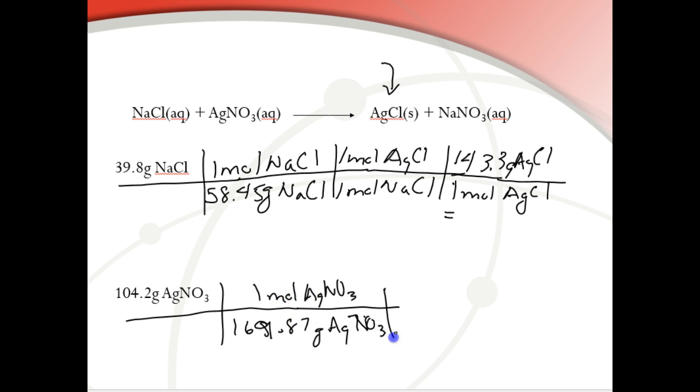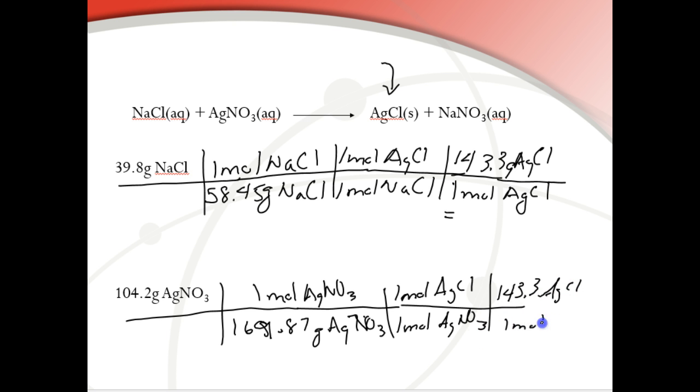And the rest of this is going to look pretty similar. 1 mole of silver nitrate makes 1 mole of silver chloride. And we have the same molar mass, 143.3 AgCl in 1 mole. Now we have to do our calculations. If we look at the top one, we would produce 97.6 grams of AgCl.